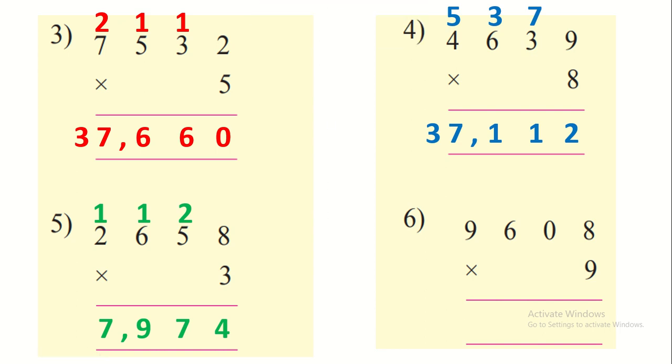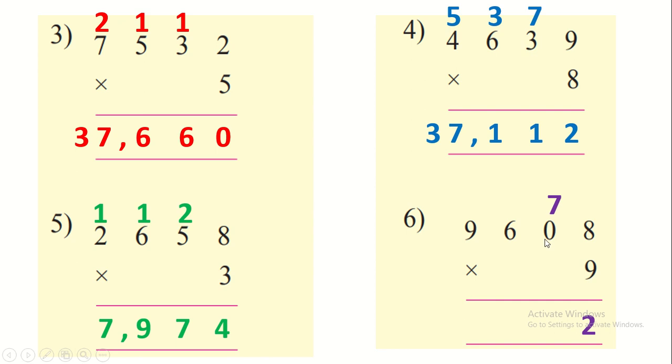For the last exercise is number 6. Number 6 is 9,608 times 9. First, from the right, going to the left. 9 times 8 is 72. Write 2, and then carry 7.